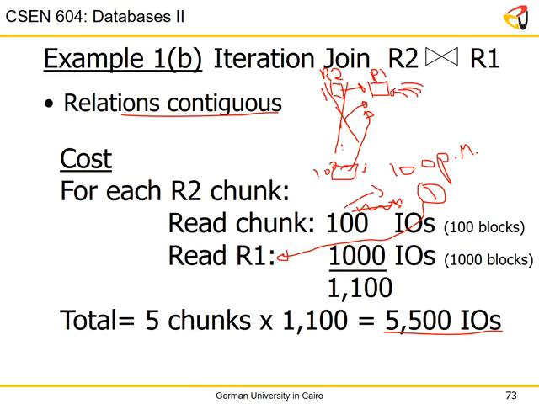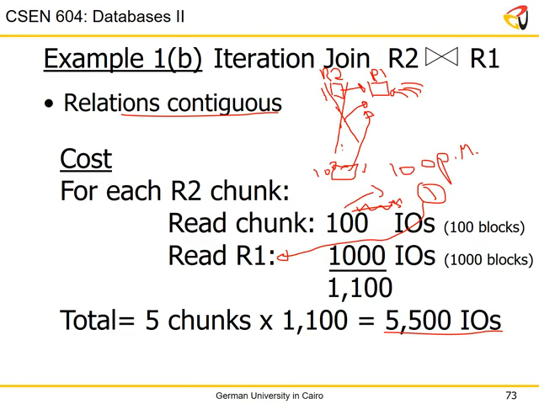And that means this will go into 100 pages in memory. I have remaining, actually this is not correct, I have remaining 1. So the 1 I will allocate to R1. Now I will read all of R1 pages, page by page, and put this page inside the available memory slot that is remaining for me.